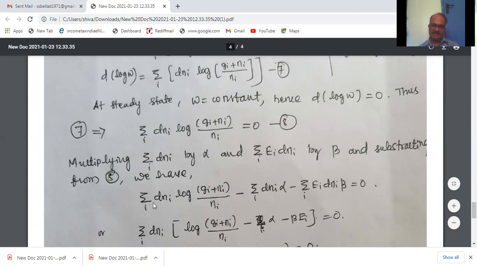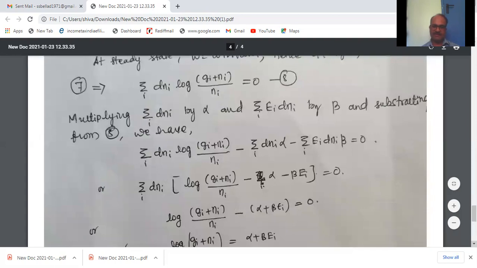We have summation over i of dni log of this term, and minus summation over i of dni alpha, because we have multiplied summation of dni by alpha and subtracting. Similarly, this term is multiplied with beta and subtracting. So it is minus summation over i of ei dni beta is equal to 0. And continue the simplification.